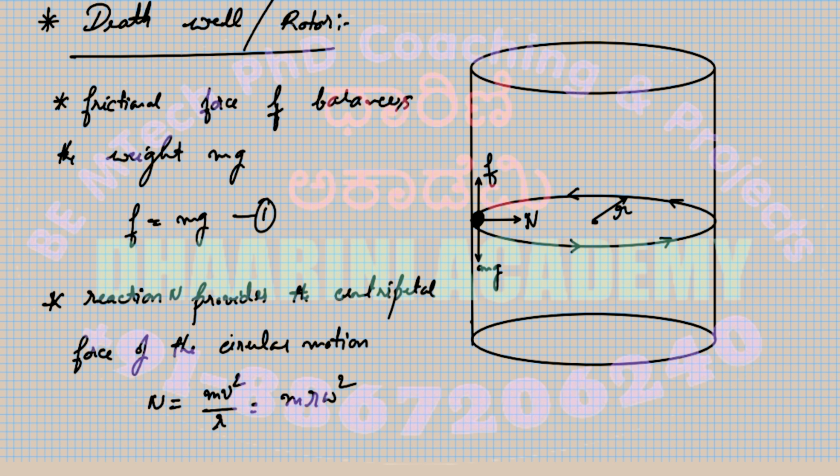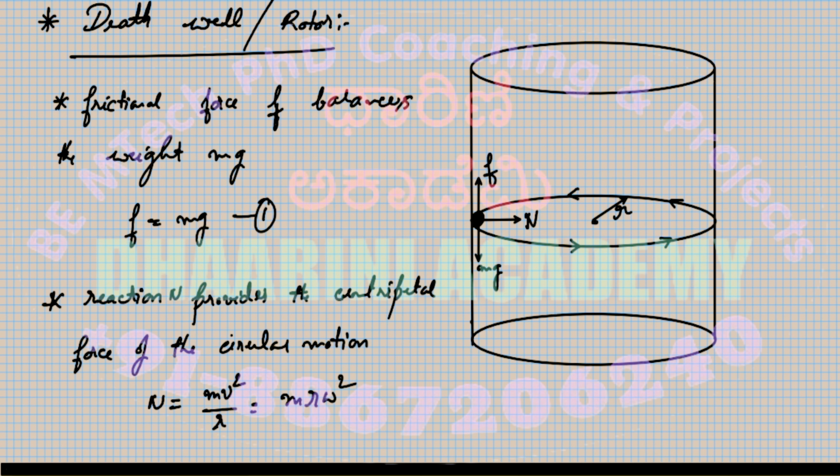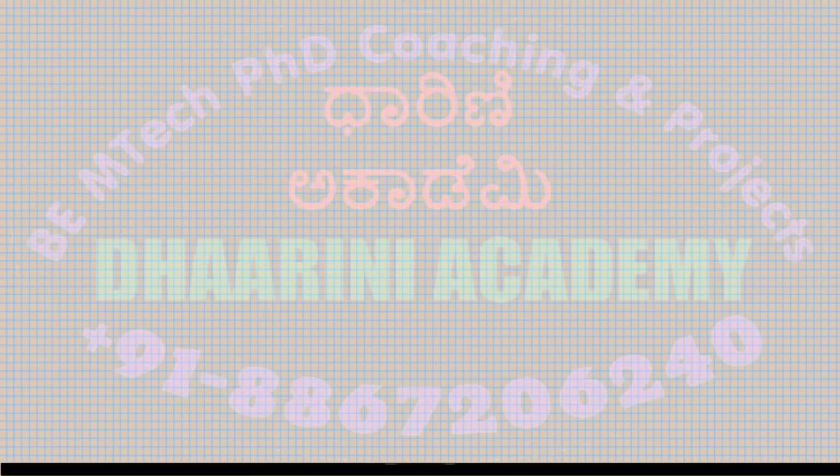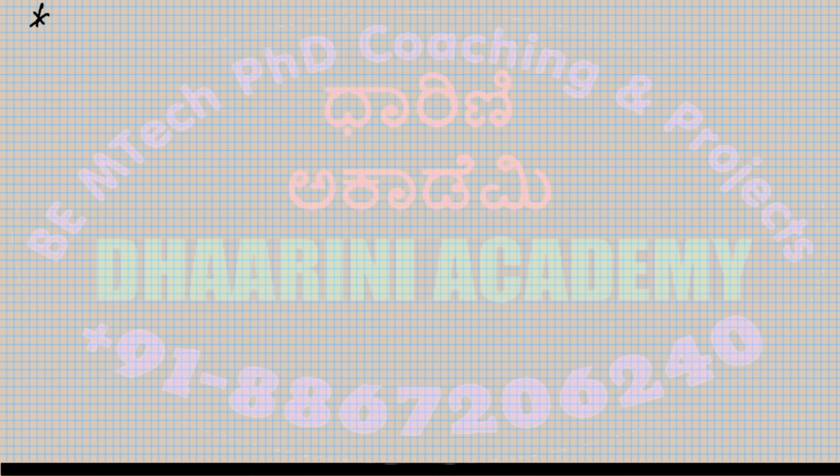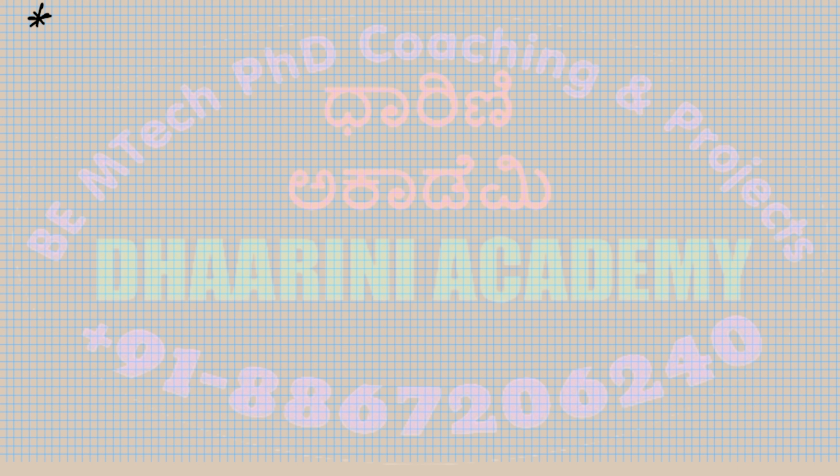All right. Now let's move on to the next case where we apply these concepts. This is whenever we are running on a track which is circular. Maybe that's the first case. Otherwise, a bicycle or a cyclist is moving around a circular path, or there is a turning, right? And he wants to pass the turning at a high speed. You will observe that in all such cases, we try to bend towards the center on a circular path.